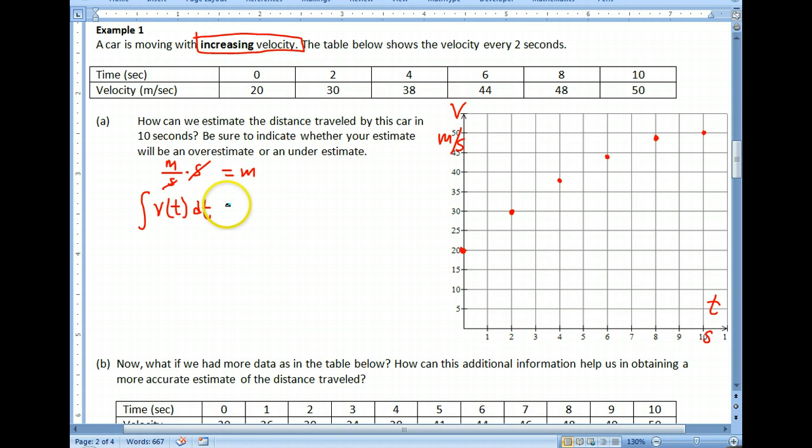So all we need to do is approximate this, because we don't have the tools yet to get it exactly. What are we going to use? 0 and 10. Well, what ways do we have? We have left, right, midpoint, and trapezoid.